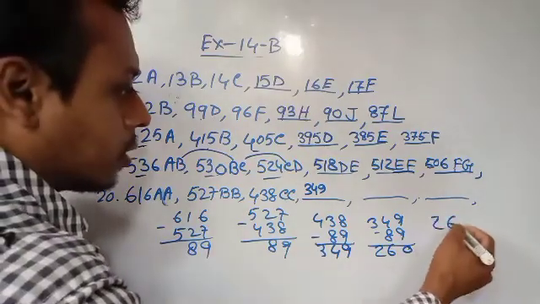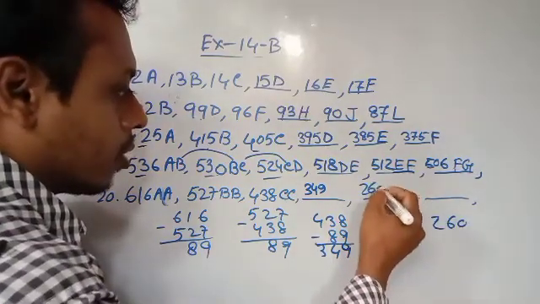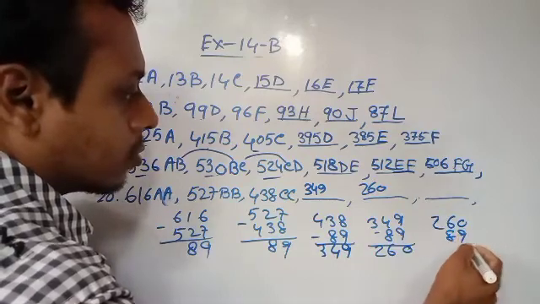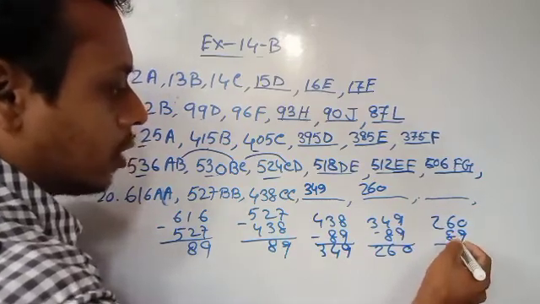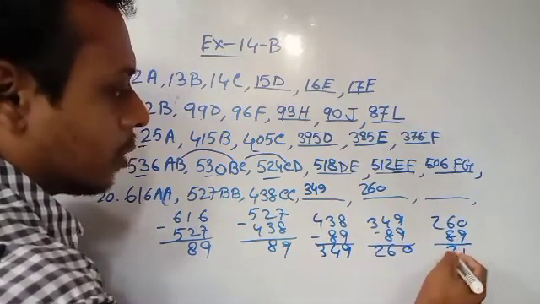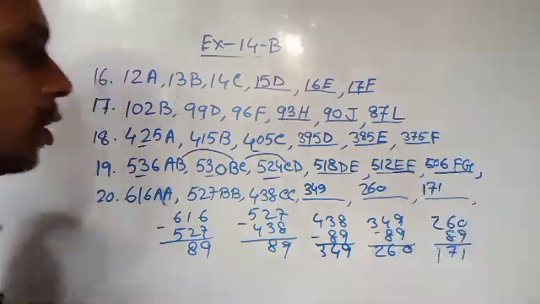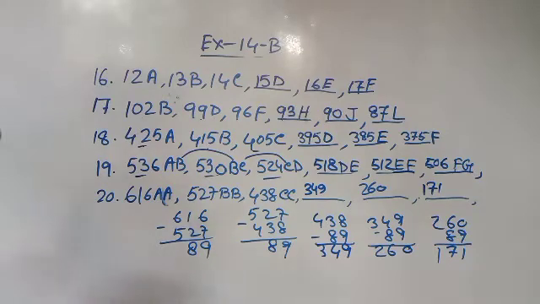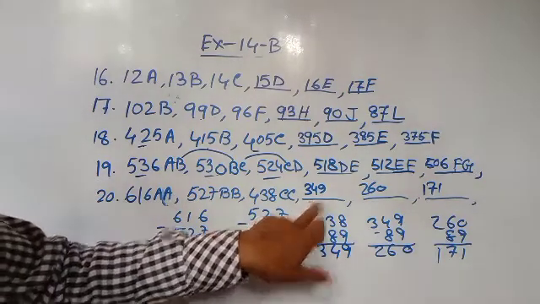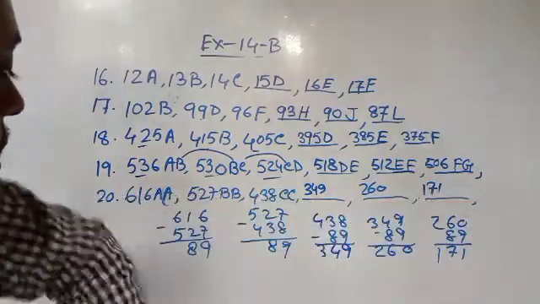Now 260 minus 89, 171. What answer I gave earlier was wrong. So it will be 349, then 260, 171.